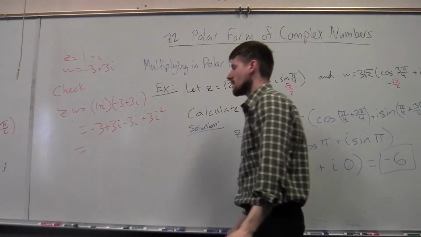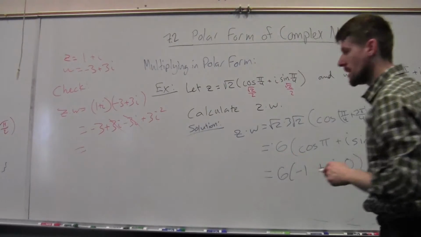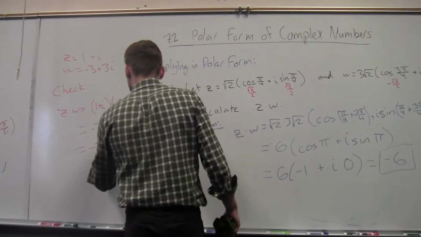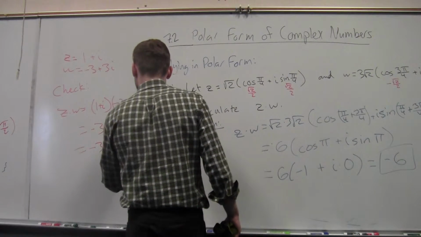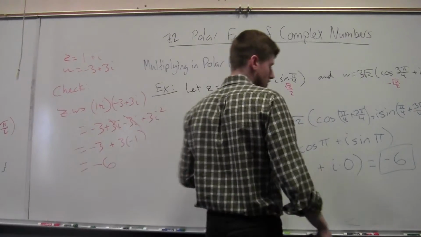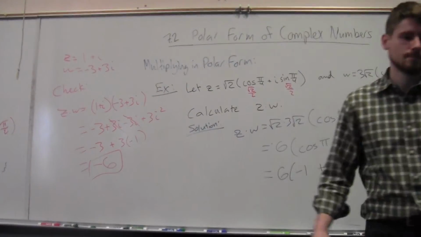Look at that, middle terms are gone, no i's. That's good. No i in my answer. Negative 3 plus 3i squared is negative 3 plus 3 times negative 1, which is negative 6. Boom! Same answer. That's good.